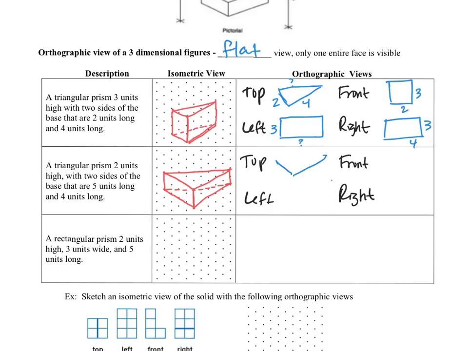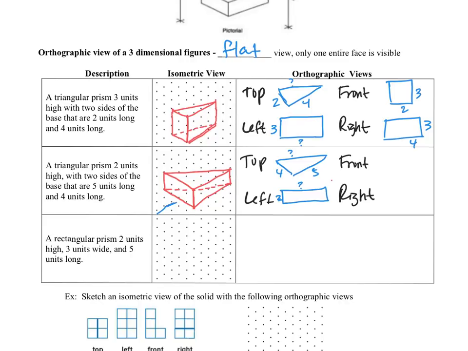The left side would be, if you could go around and look at the back of it, a rectangle that is 2 units by whatever this length is, which we don't know. So that's a long skinny rectangle that measures 2 by, we're not sure about that other dimension.